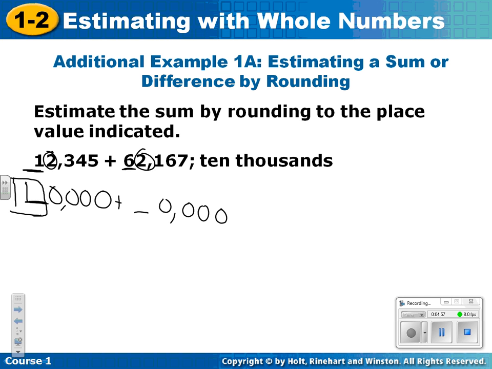It stays the same, Kinsey. All right. So now we add 10,000 plus 60,000. I know it's a tough one. I know it's hard. Clayton, 70,000. Whew, good job. It's as easy as that. I know you guys have done this before. Just a quick review.